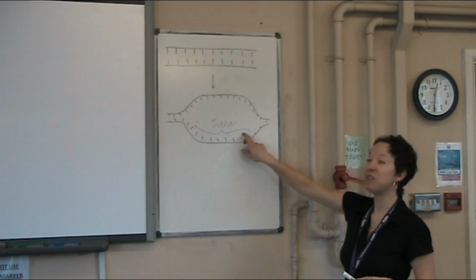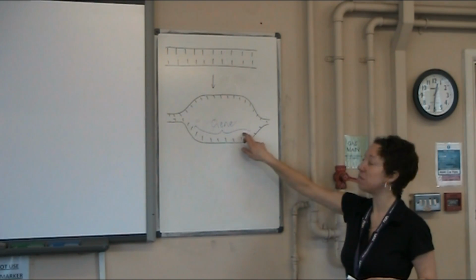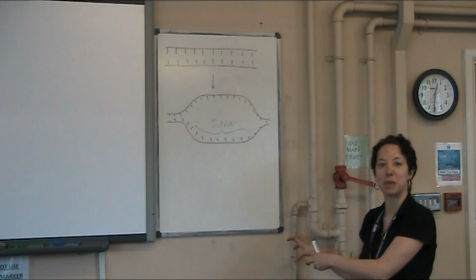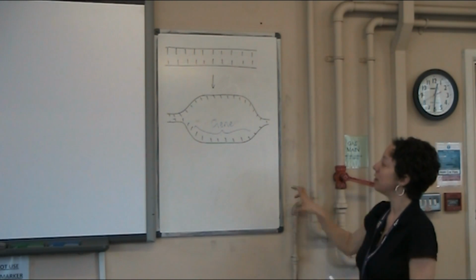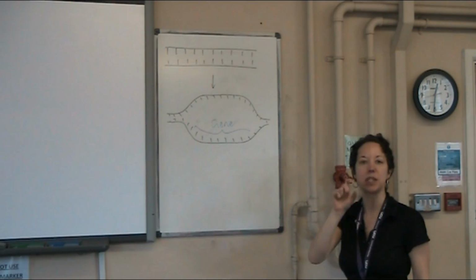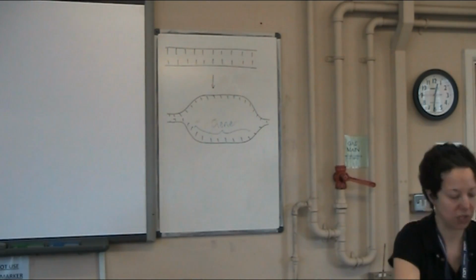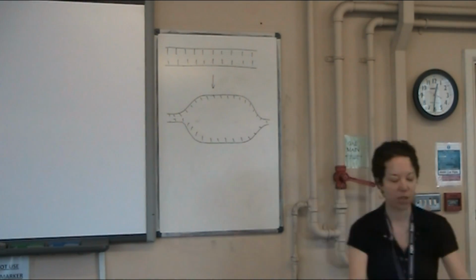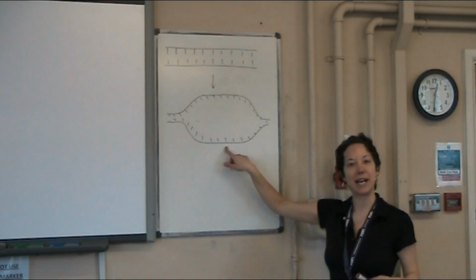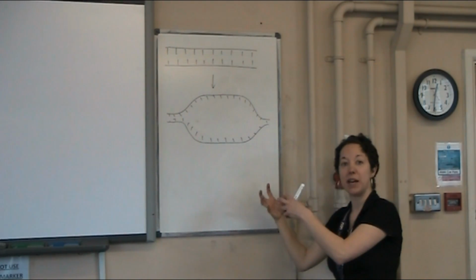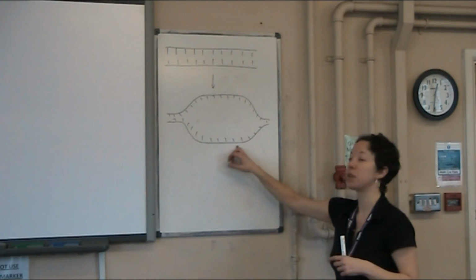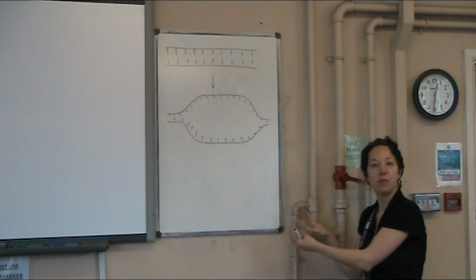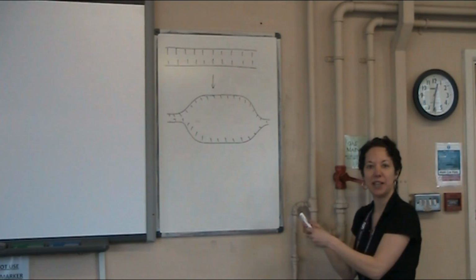So in order to carry the code from the nucleus to the ribosome, which is down here in another part of the cell in the cytoplasm, it has to be copied into a smaller molecule. Let me wipe off that label, and I'll show you how this code gets copied into a smaller molecule, so that the smaller molecule can carry that code to the ribosome, which is out of the nucleus in the cytoplasm somewhere down here.